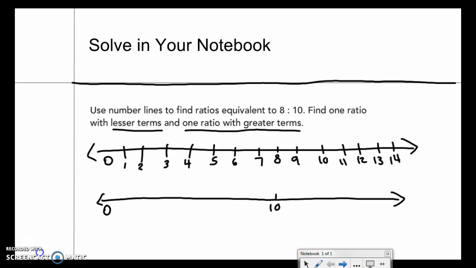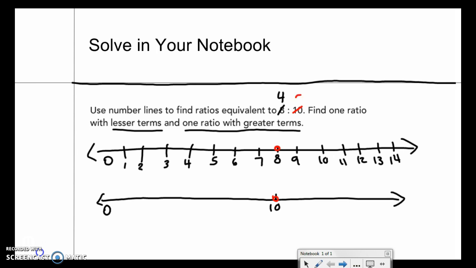So, we know that for every 8, there are 10. But what if we were to divide 8 by 2? What would that turn into? 4. And what if we were to divide 10 by 2?